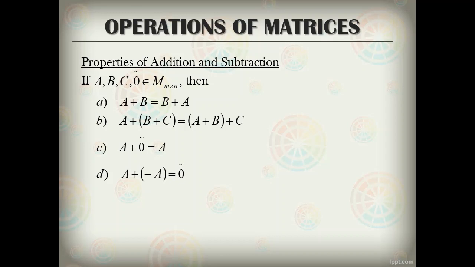For multiplication, you must follow the order, so brackets first. For addition and subtraction, it doesn't matter. All right, for matrix A, if you add a 0 matrix, you get the matrix back, and if you add the matrix with the negative matrix, you get 0.